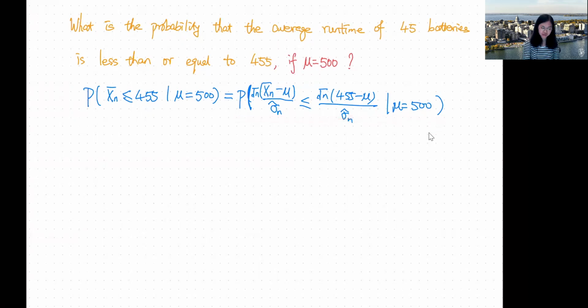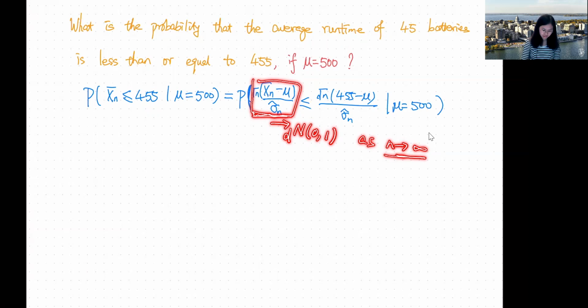The reason that it helps us is because we know by the central limit theorem and the continuous mapping theorem that this random variable converges in distribution to standard normal as the sample size goes to infinity. Which means that at large sample size, suppose we can treat 45 as a large sample size, the distribution of this random variable is approximated by standard normal.